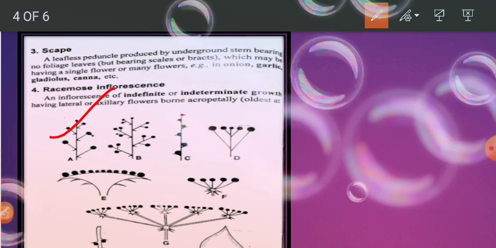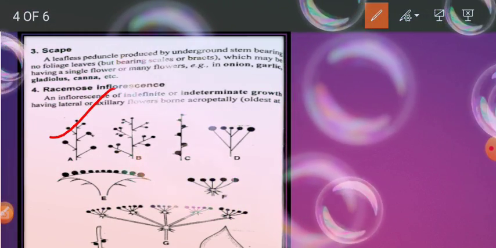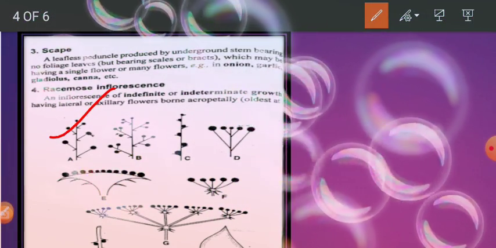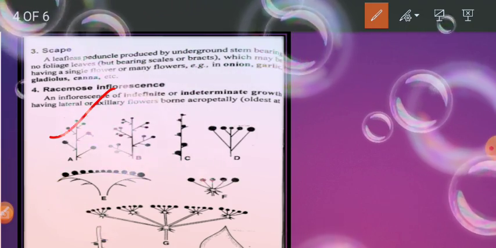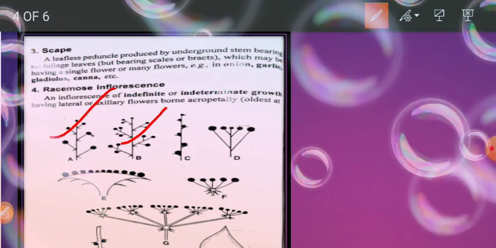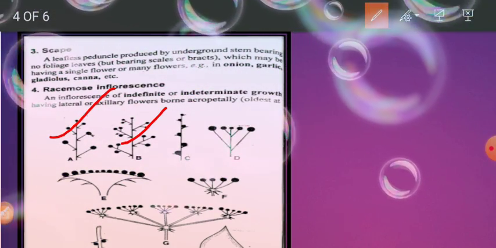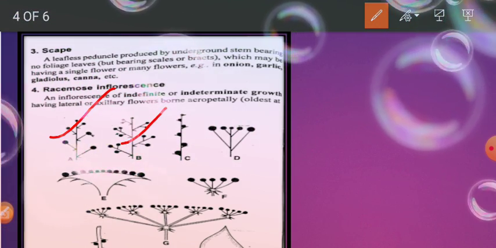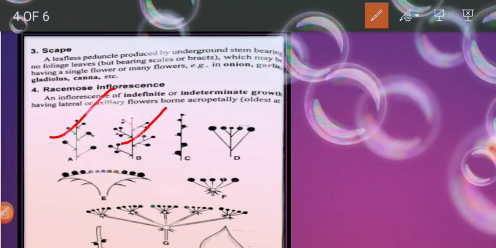This type of organization of the flowers on the inflorescence is what we normally call the raceme type. Then comes the panicle type. This one is the panicle type, which is a branched raceme. Here you can see the structure.